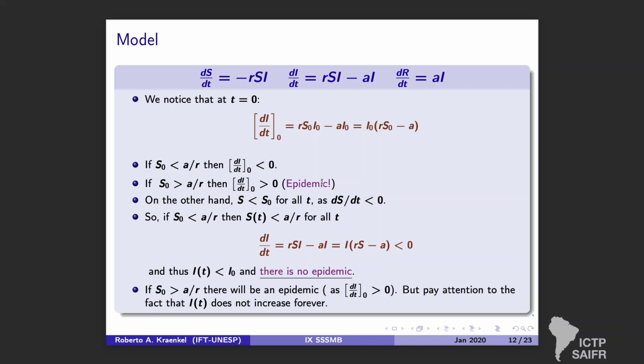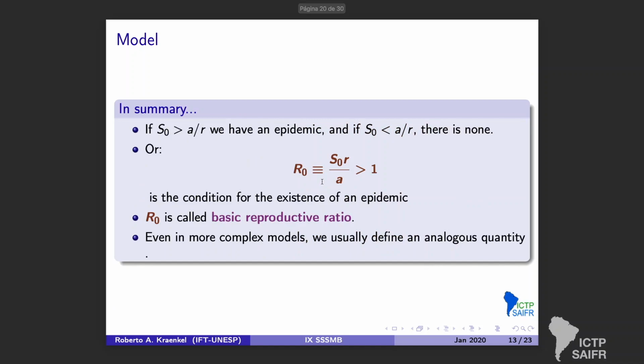Does not mean it will increase forever, because the time derivative for I will change over time. So then we come to this conclusion that S0 has to be bigger than A over R, which can be written as S0 times R over A has to be bigger than 1.